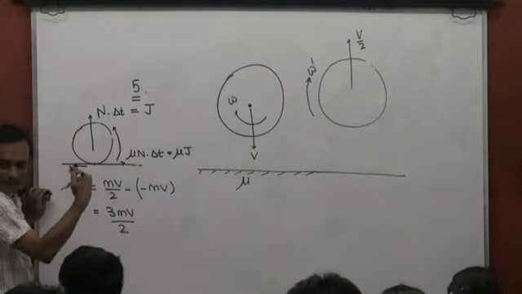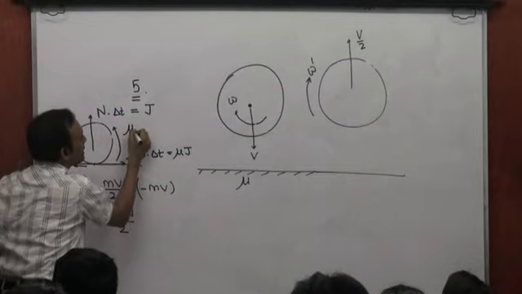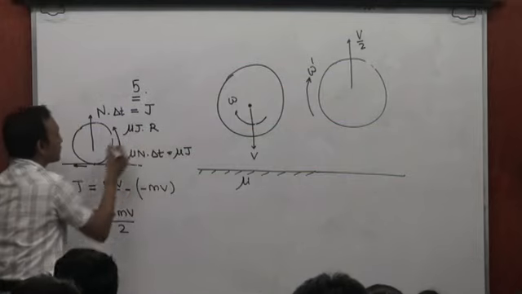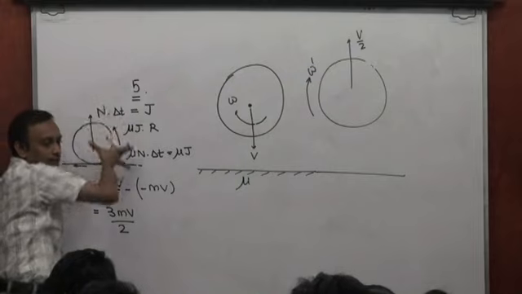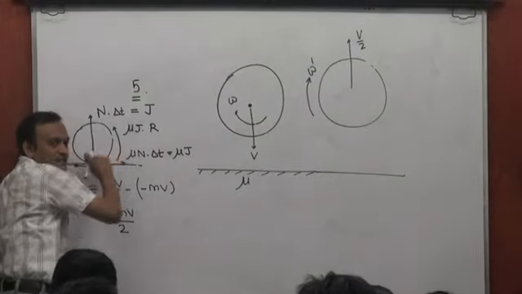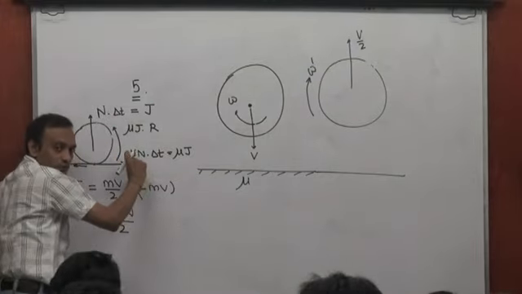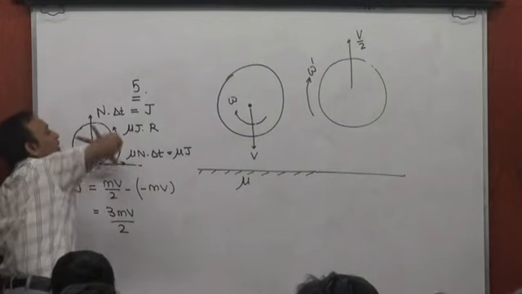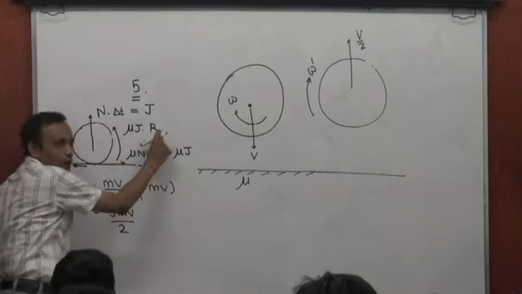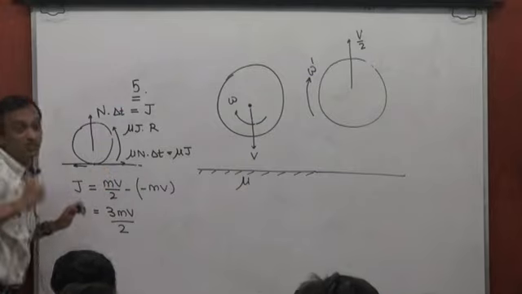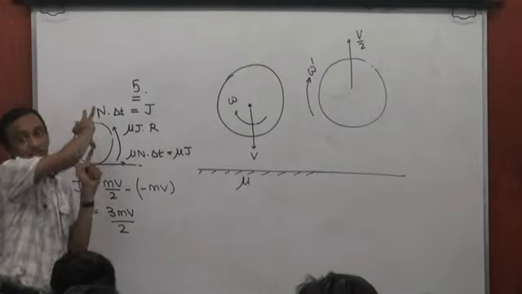I have discussed angular impulse, right? It produces an angular impulse mu J into r in the anticlockwise sense. Mu J, the frictional impulse, produces an angular impulse about the center of mass. Mu J into r is the angular impulse about the center of mass, in the anticlockwise direction.